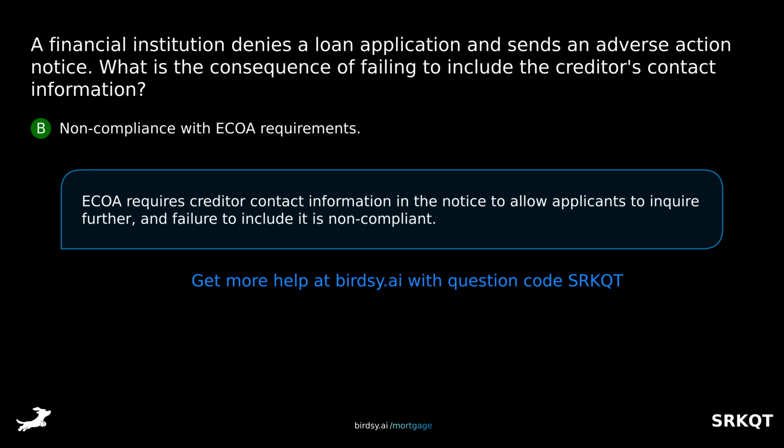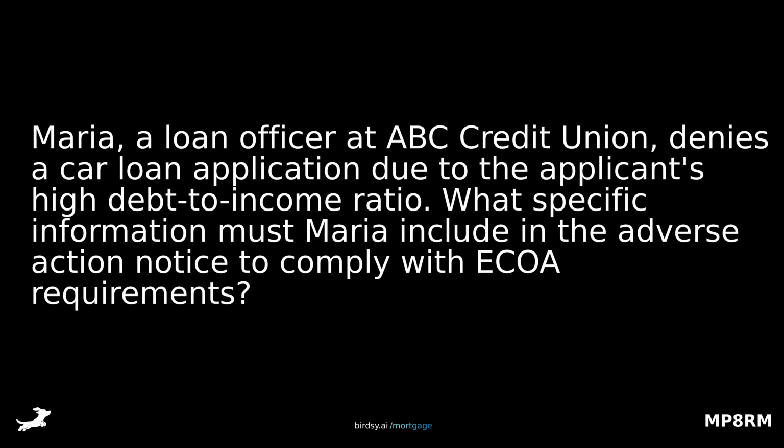ECOA requires creditor contact information in the notice to allow applicants to inquire further, and failure to include it is non-compliant. Maria, a loan officer at ABC Credit Union, denies a car loan application due to the applicant's high debt-to-income ratio. What specific information must Maria include in the adverse action notice to comply with ECOA requirements?